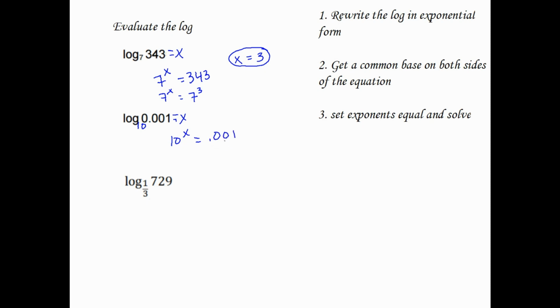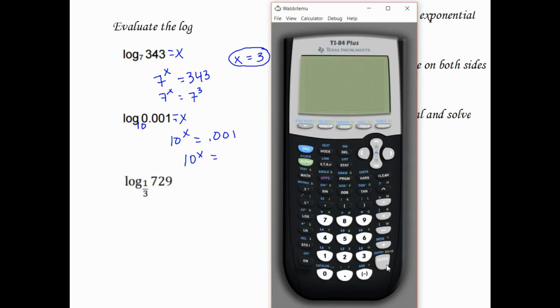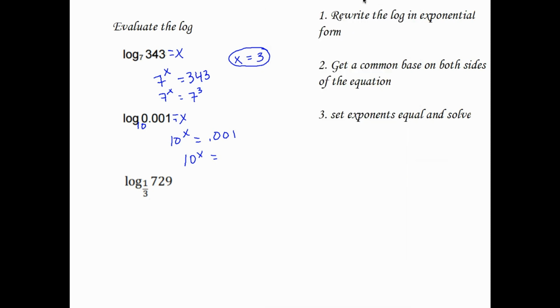Well, how can I write 0.001 with a base of 10? I know I can write this out as 10 to the negative third, and that's 0.001. So I can write 0.001 as 10 to the negative third.